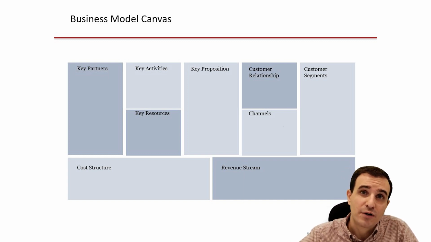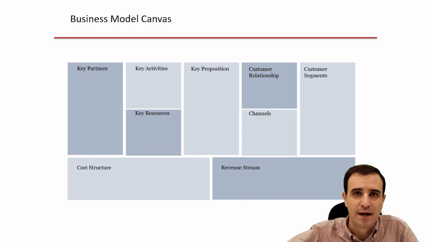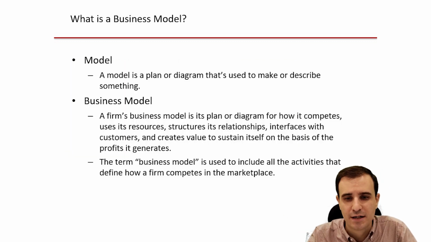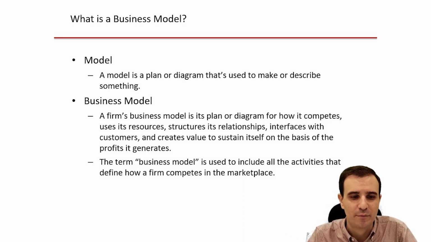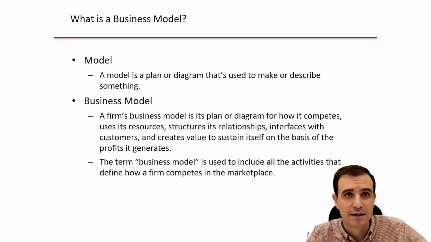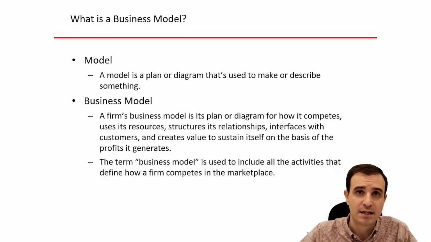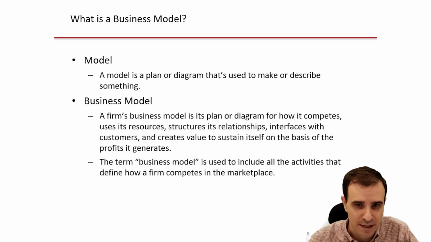Channels means how you reach out to your customers, for example, through distribution channels and so on. Customer segmentation and market segmentation. And then the two foundational parts, which are the cost structure of your organization and the revenue generation model, how you monetize the business.